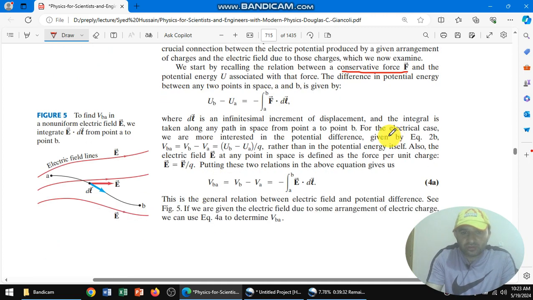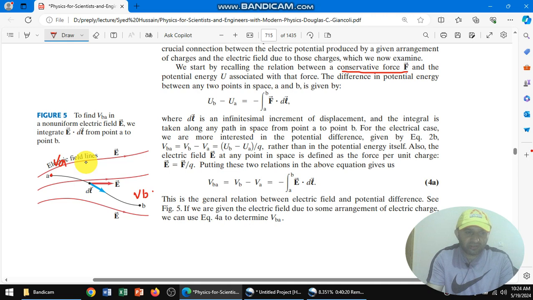So if we have electric field lines moving from left to right, this is the direction of electric field E, and we want to move a charge from point A to point B. The potential at A is VA, and the potential at B is VB.